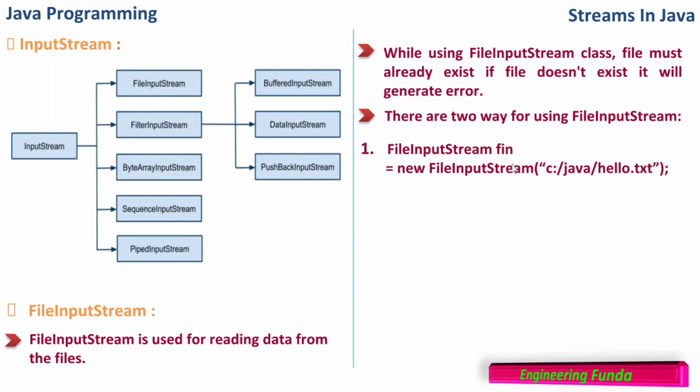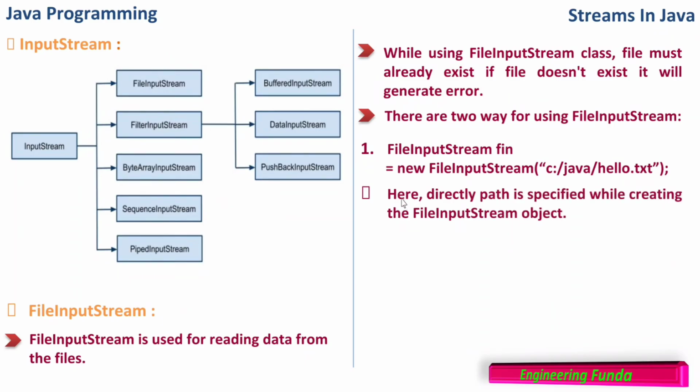Here it is assumed that there is a file with the name hello.txt which exists in the path C:, that is C drive, Java folder, and in that we have this file hello.txt. So here the path is directly specified while creating the file input stream object.